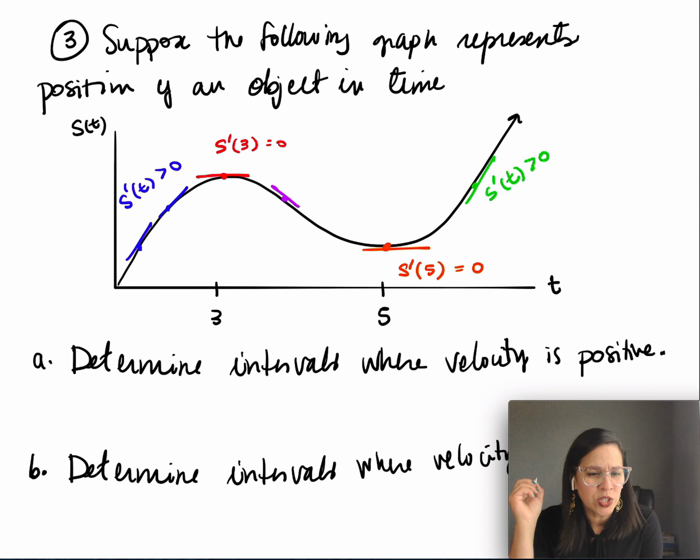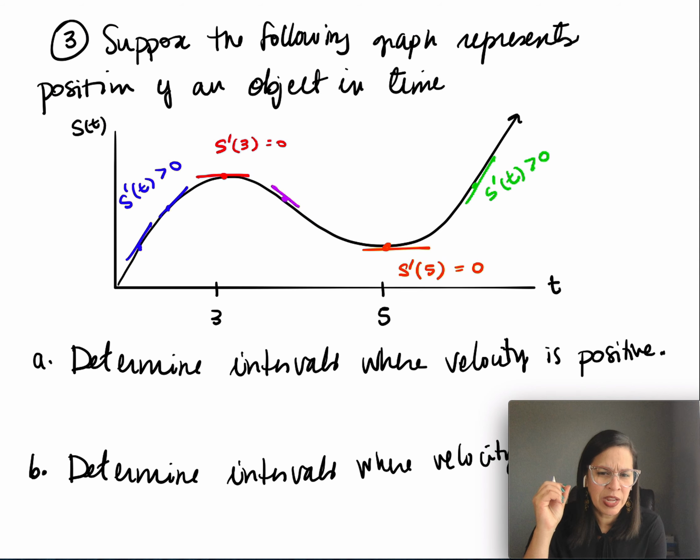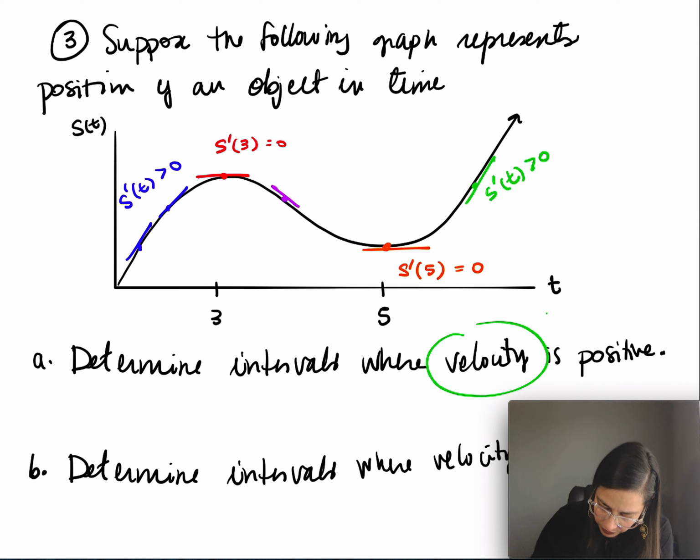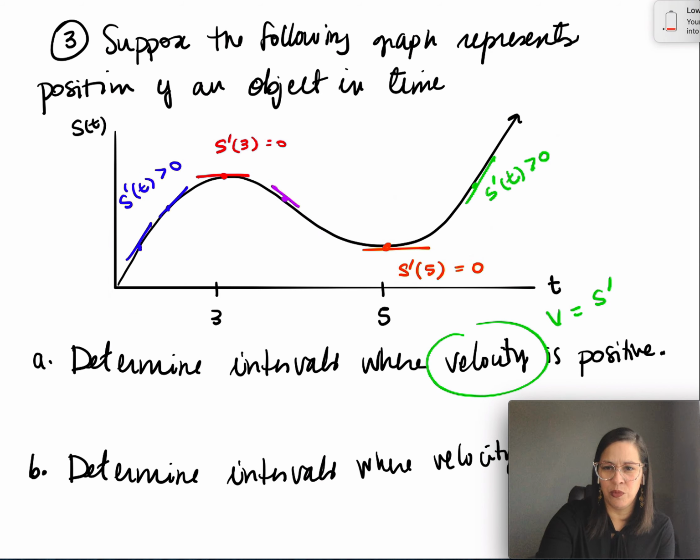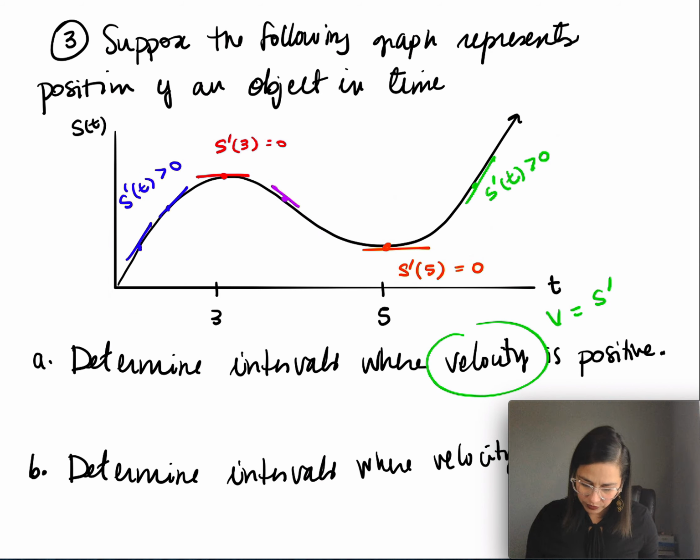So if we want to do part A, determine intervals where velocity is positive, we know that velocity is the derivative of position, and it is positive from 0 to 3, and then from 5 on.